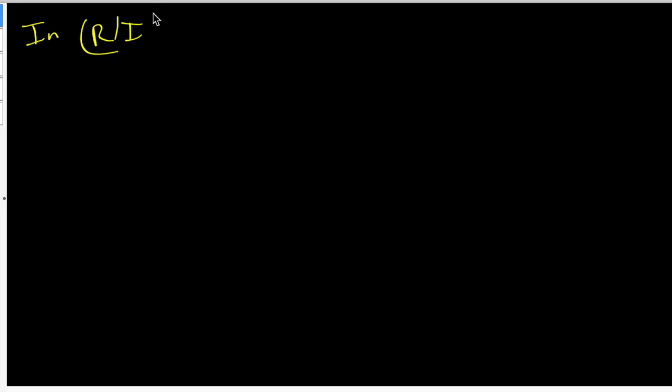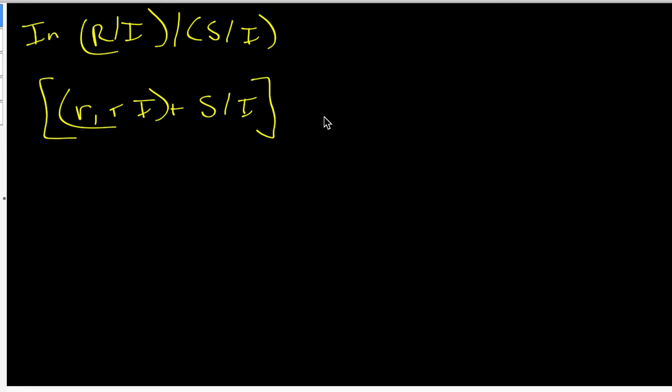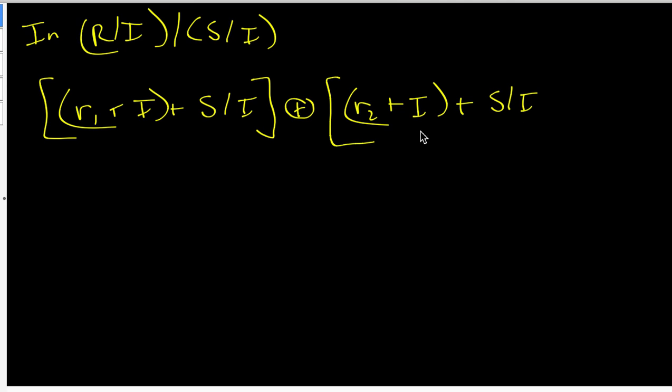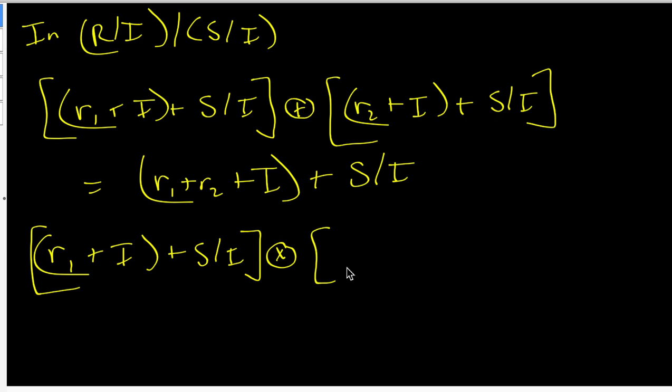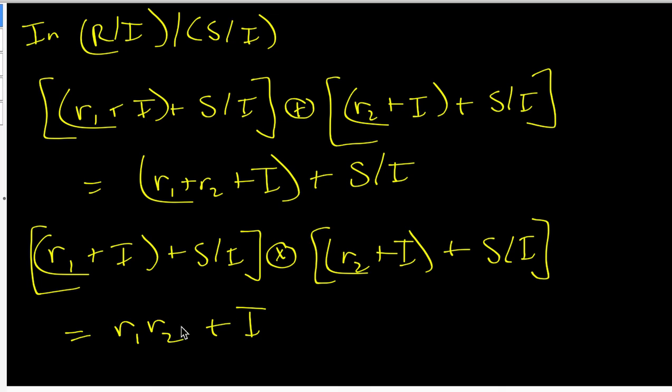In R mod I, modded out by S mod I, if we want to add two cosets together, so there's one coset, and we want to add it to this coset, the answer is going to be r1 plus r2 plus I plus S mod I. And if we want to multiply two cosets together, so there's my first one, and here's my second one, I'm going to get r1 times r2 plus I plus the ideal that we are modding out by, which is S mod I.